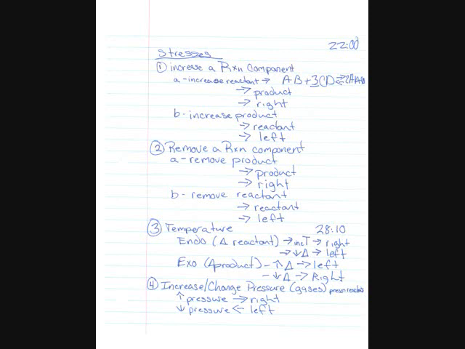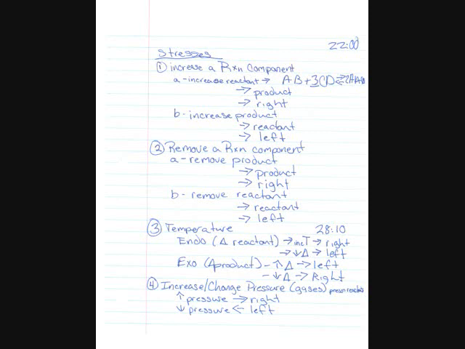All right. So, the second thing we can do, the second stress, let me know if I'm erasing too fast, is we can remove a reaction component. So, all right, here we are at equilibrium, and I remove product.